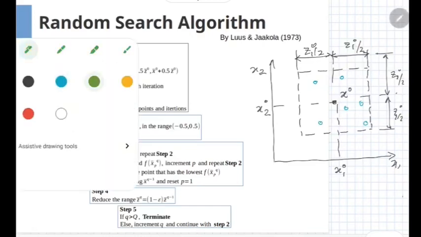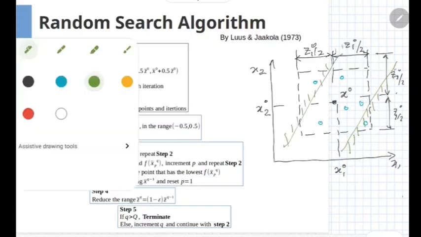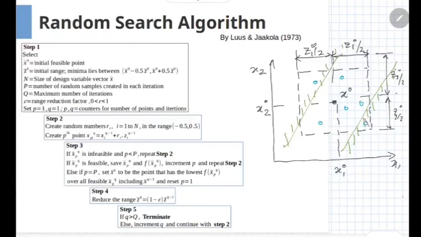So some of these points will be violating the constraints. So for example, let me see that this is one of the constraints and this is second constraint. We will find that in this case 2 points are violating the constraint and these points need to be recreated.